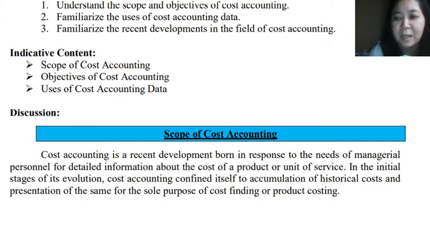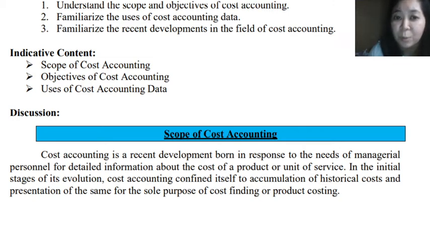So this was the initial purpose of cost accounting, but as time passes by, cost accounting has evolved and developed, and its uses have become greatly demanded by the management for cost control, for maximizing the profit, and even in the evaluation of the performance of a certain division or manager.